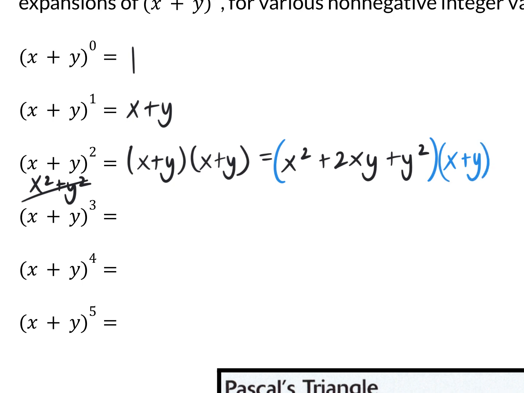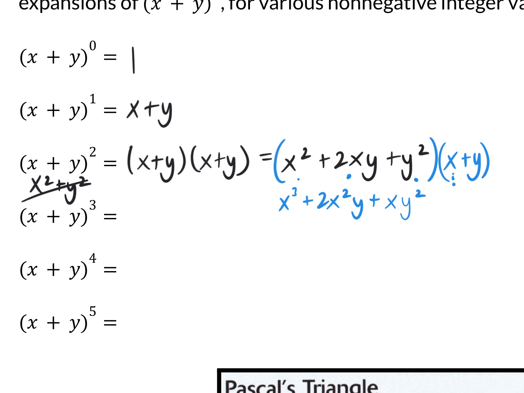So, one step at a time, x times x squared gives me x to the third power. X times 2xy will give me what? 2x squared y. Very good. And then x times y squared gives me just xy squared. And I always like to write my x first, or whatever the alphabet says for what letters I've given.